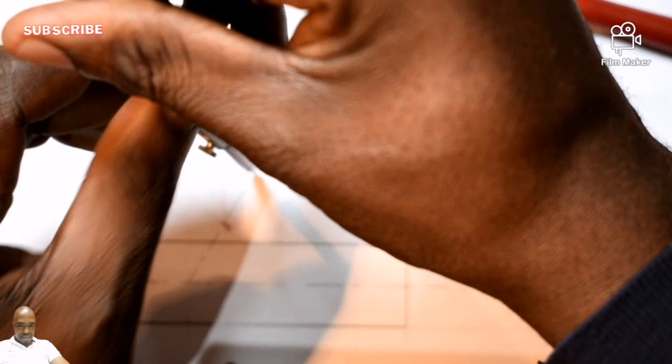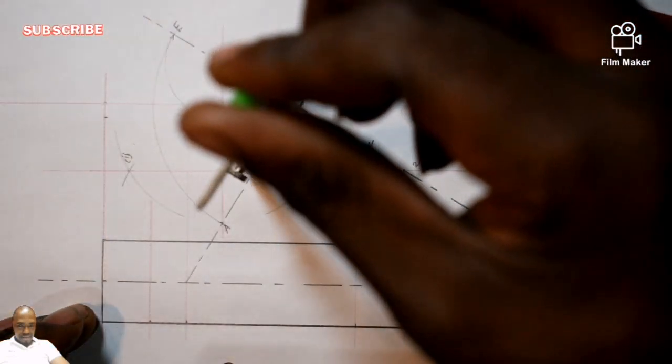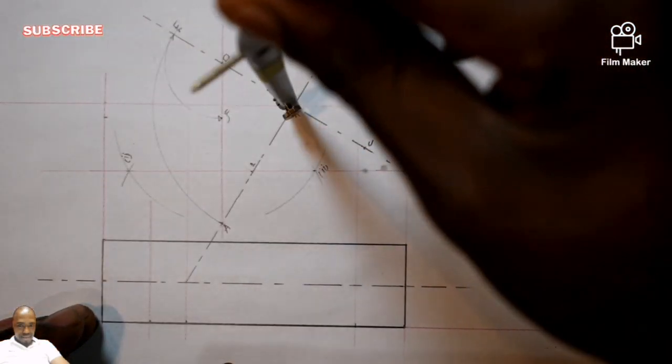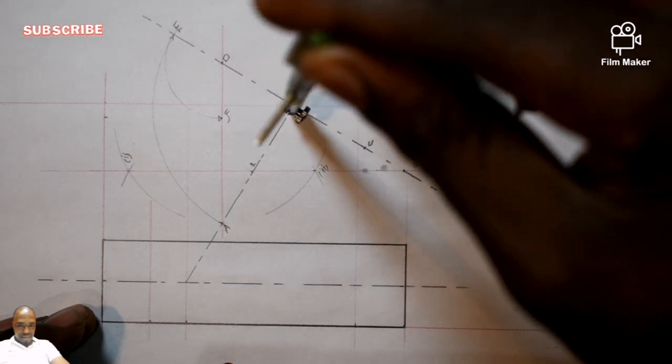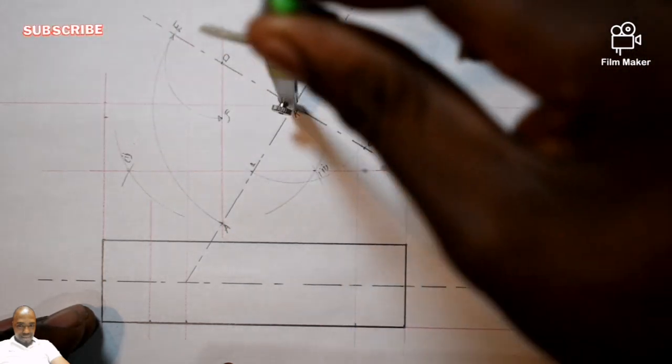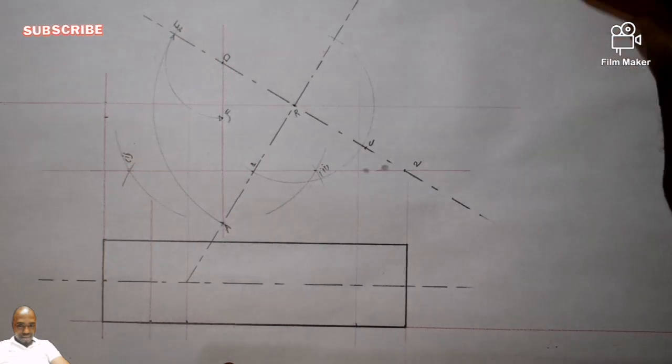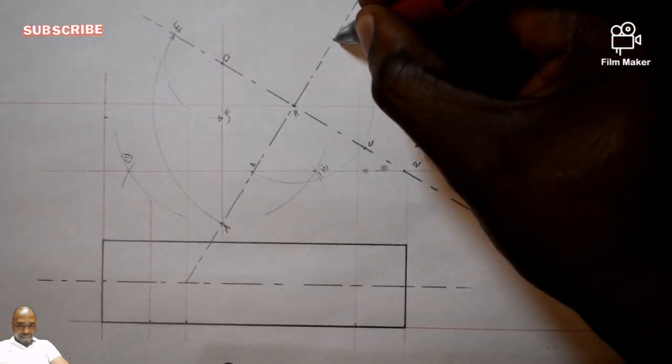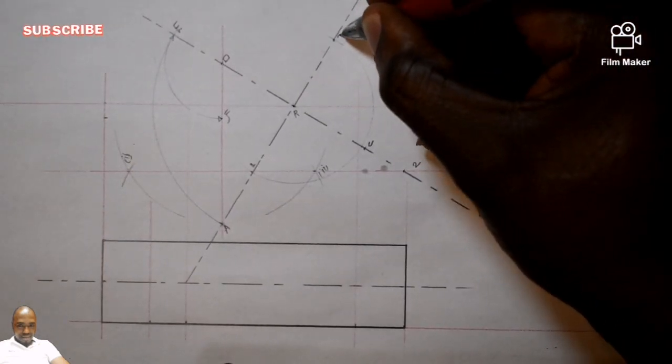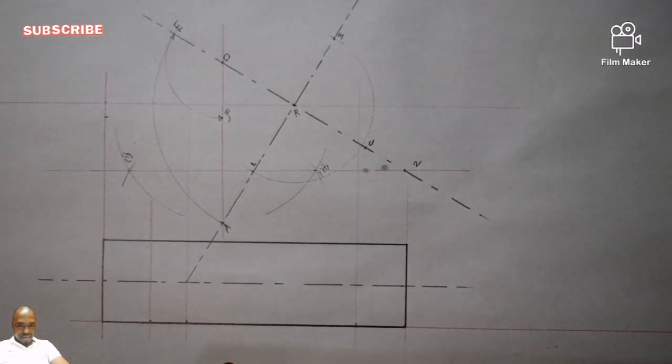So there you go. Then I can mark here, faint. Then point 3 is going to be the true reflection point of point 1. This is point 3, graphically. You understand?